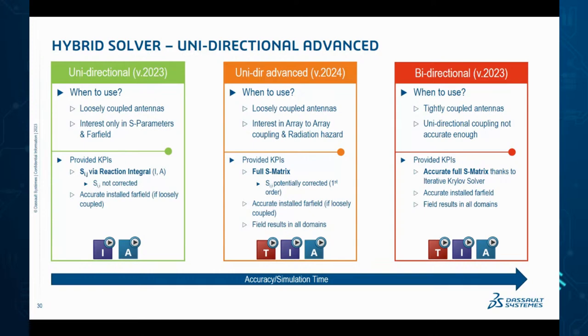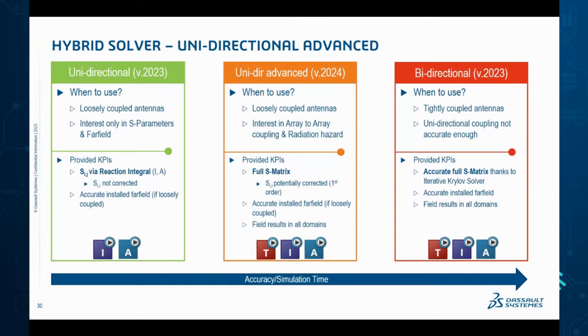If we recall a little bit, what the standard unidirectional does is calculate the fields on the source models, record the fields on the boundary box, and then couple these fields to the larger platform simulation. That is the unidirectional coupling. And then the S parameters would be calculated using reaction integration.